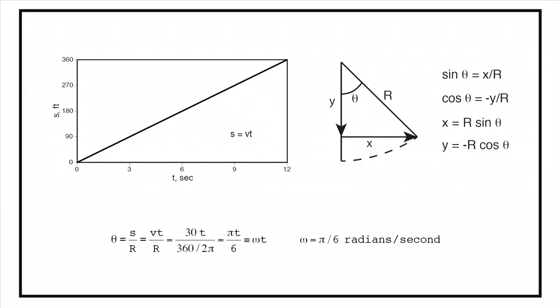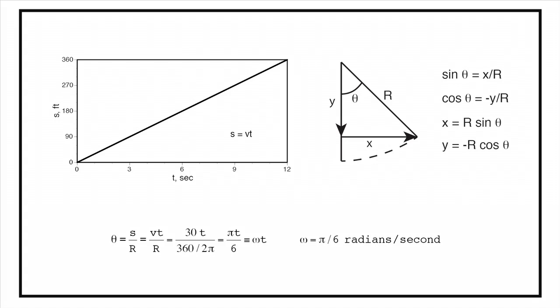Now what we want to do is to be able to write the angles also in a similar format. The reason is that we want to take derivatives with respect to time, and so I'd like to have time explicitly written in our formulas. So theta is equal to s over r, the distance the car has gone divided by the radius. We just saw that s is equal to vt, and so you put the numbers in, and you get theta in radians is equal to pi over 6 times the time.